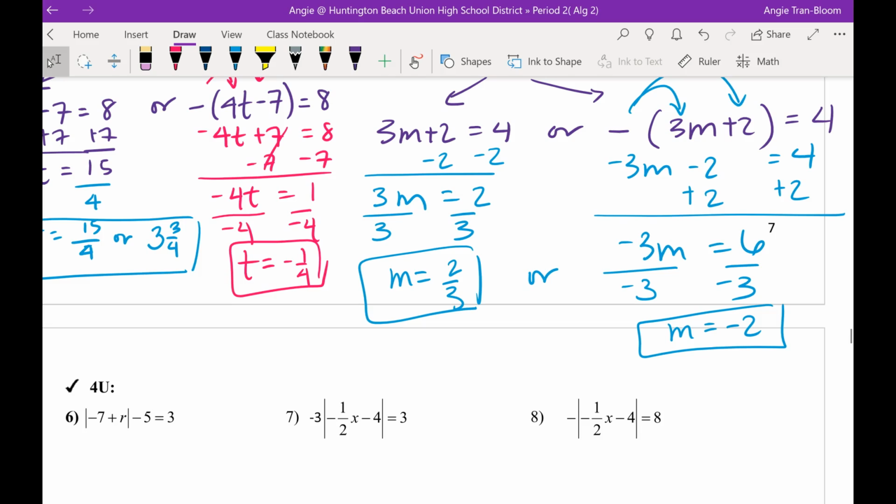You started out 7 plus r equals 8, and then you 7 minus 1. You should check your solutions after. You should always check your solutions. You have to find all solutions that will make it true.